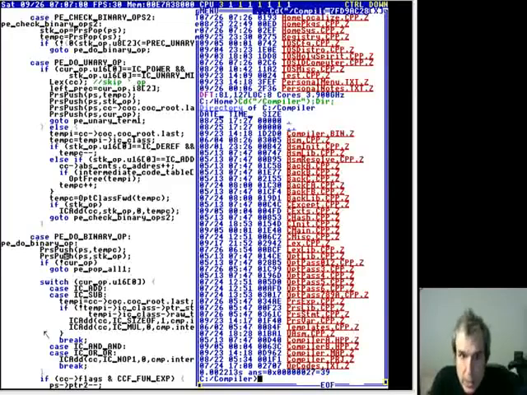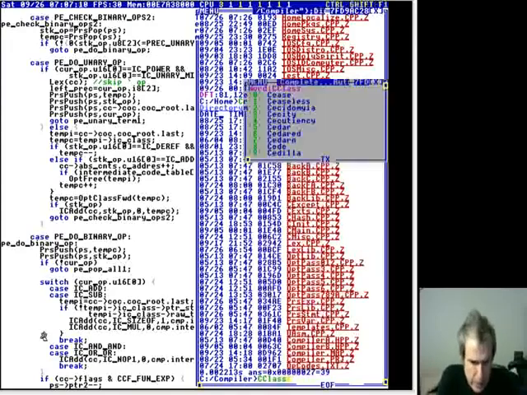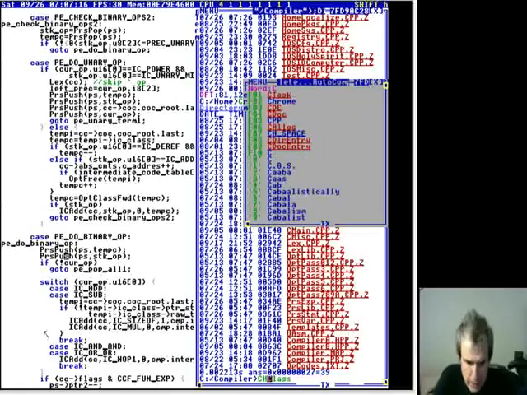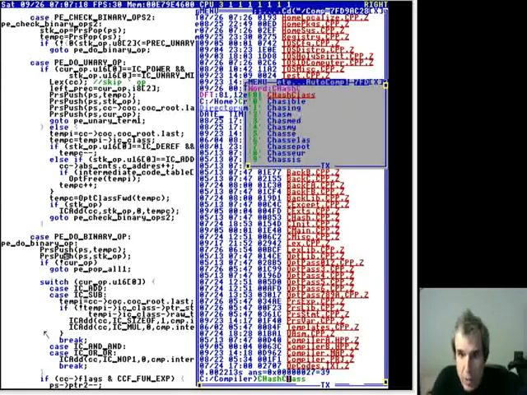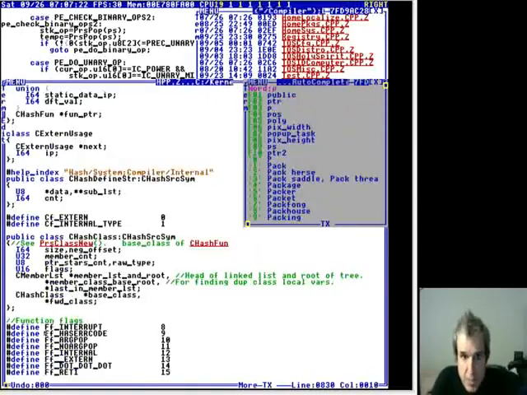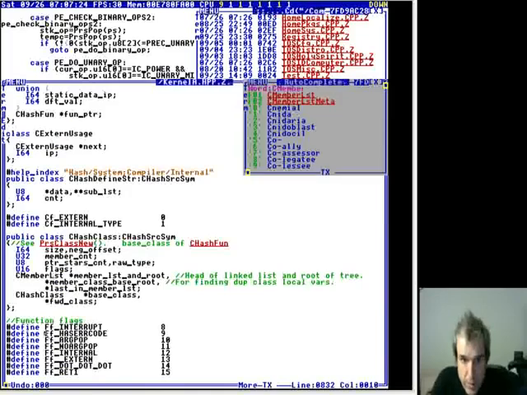You need to have a list of members in the class. All of these are hash table entries. All of them go into a big hash table. So each class has a list of members.